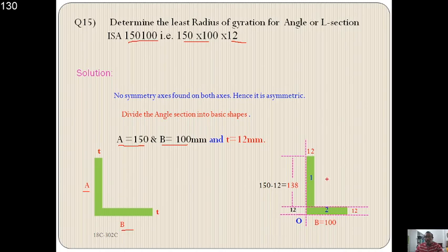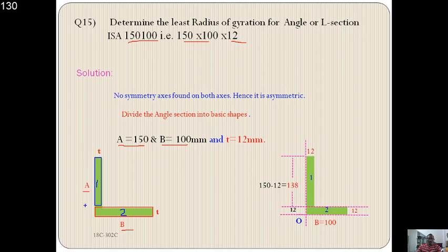So you need to make it two parts. For that you can make a part like this. You can make this one as a single part, and from this one you can make another part. So this is one of the parts and this is the second part.